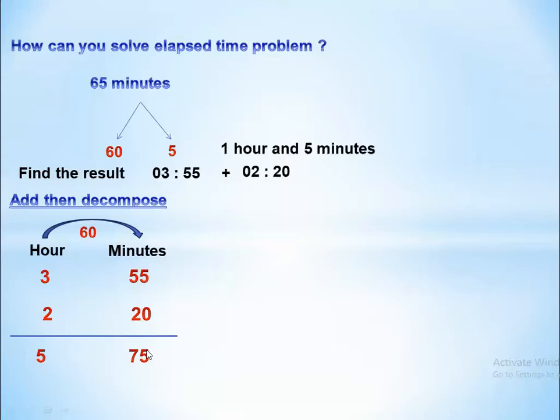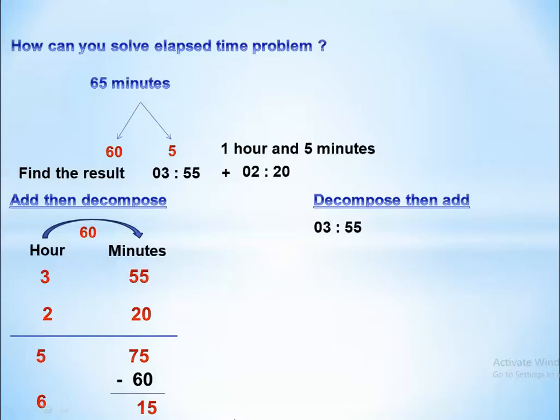So we are going to subtract 60 from this. 75 minus 60 means 15. And this 60 gives me 1 hour. We know from the other example that 60 minutes means 1 hour. So this 60 means 1 hour, and this 1 hour we will give to the hours on the other side. So 1 plus 5 equals 6.